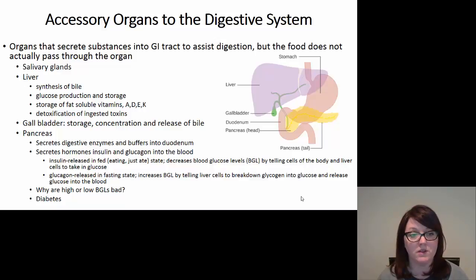Then there's the liver, right? One of the main jobs of the liver involved with digestion is the production of bile. So bile was that substance that emulsified fats, made fats easier to digest. And liver produces bile, and one of the components to bile is actually made from the breakdown of red blood cells.